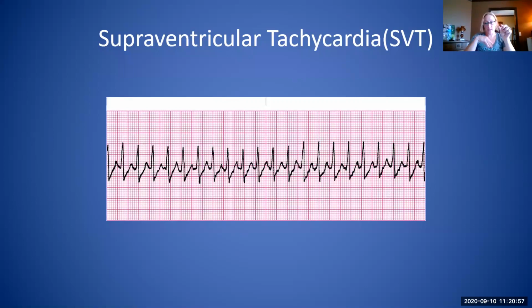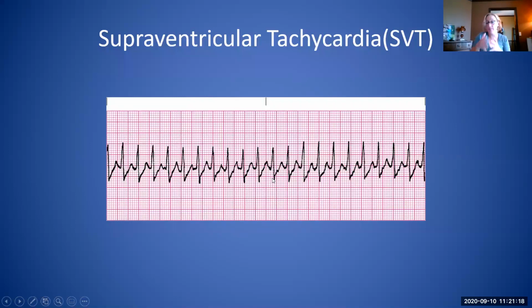The QRSs are still narrow, so it's not going to be greater than 0.10. It can be, but generally speaking, it's 0.10 or less. And you usually have something in between those QRS complexes, but you don't know: is it a P wave? Is it a T wave?